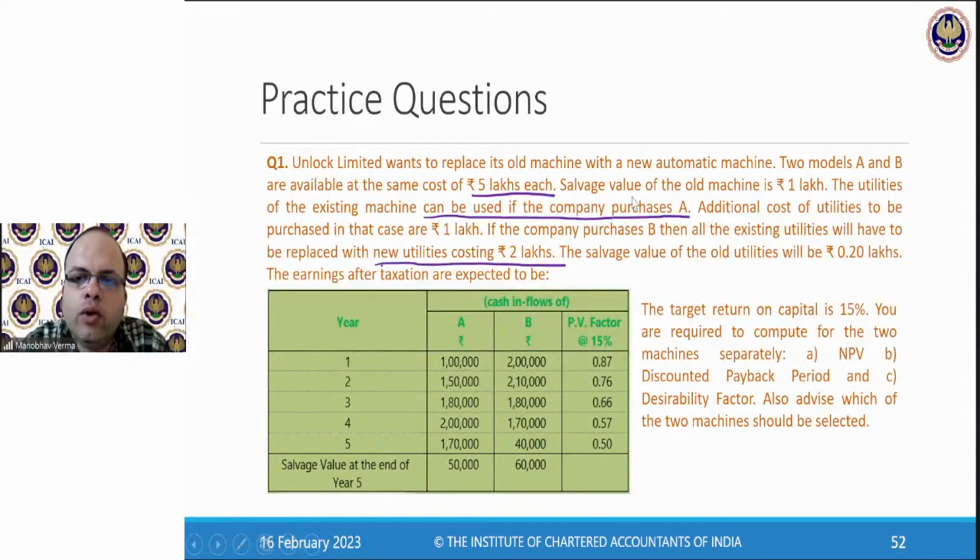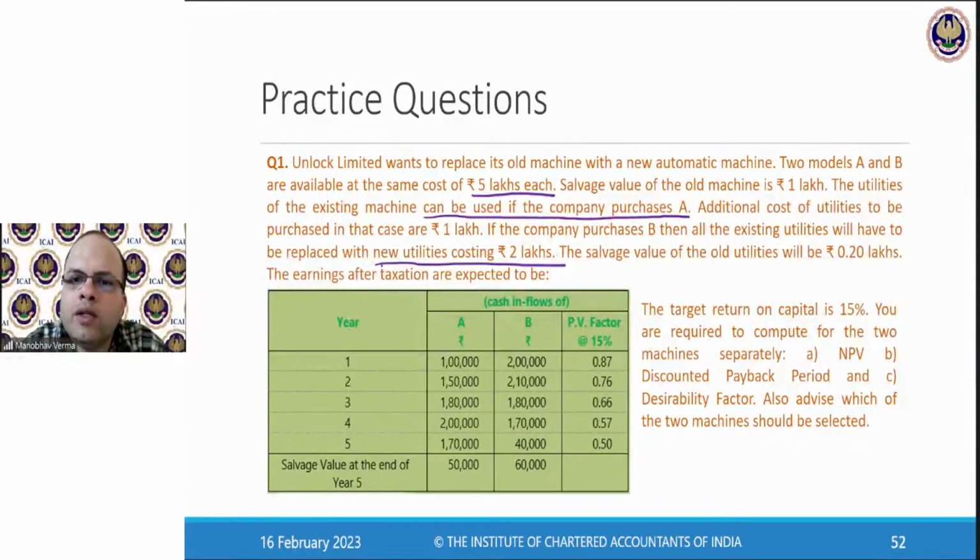It's a slightly different approach from what we discussed earlier, which was whether to continue with the existing machine or replace it. In this case, we have decided to replace the old machine, but we need to choose between machine A or machine B.